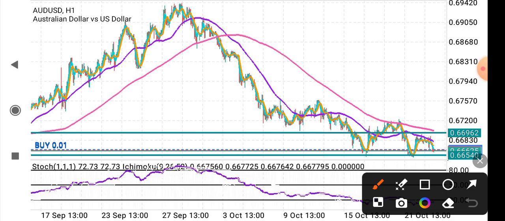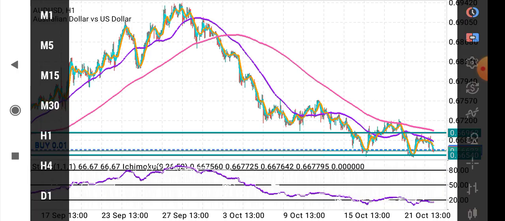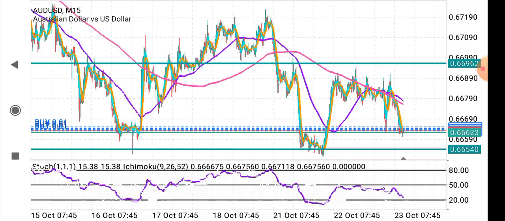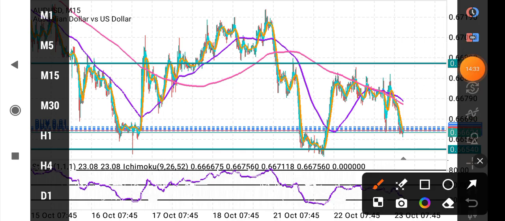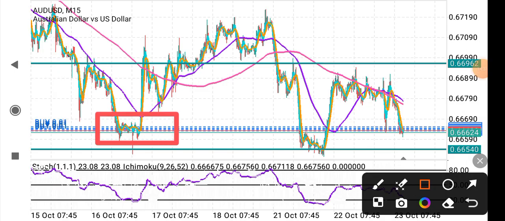That is what we are still waiting for here, but I know the crosses are about to occur. That is why I did a sniper entry. So if you go to 15, that is a 15-minute chart. On the 15-minute chart, you can see the formation of these two things.